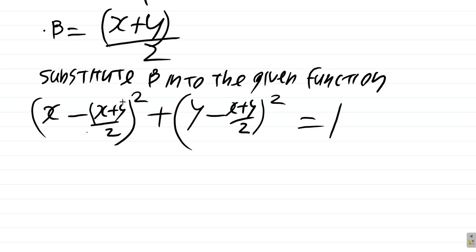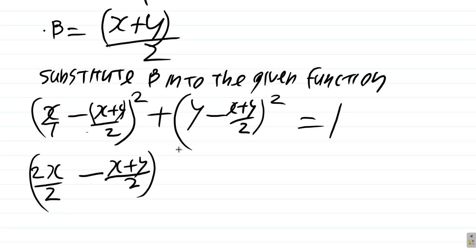Remember with this now, I could put this in a little bracket and put this over 1. If you use common denominators, if you multiply both top and bottom by 2, you get 2x over 2 minus (x plus y) over 2, squared. Plus, do the same thing with this. This is y over 1.